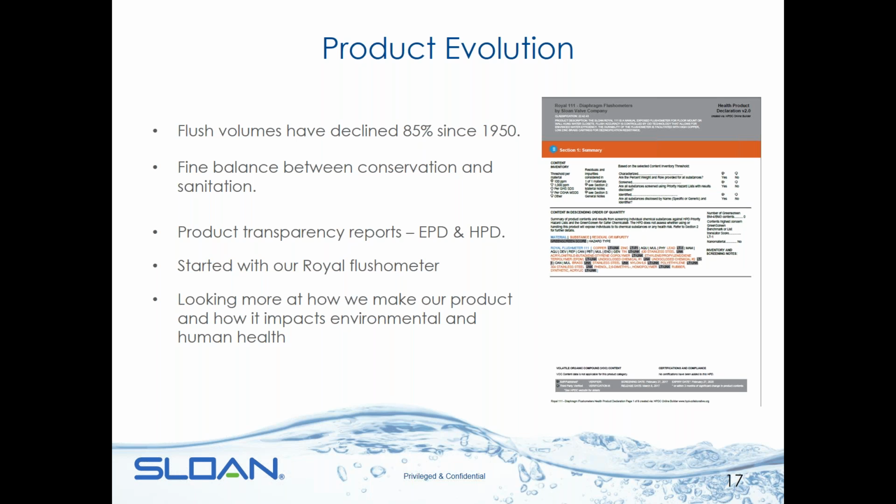So I'm beginning to have that conversation with our product research teams about chemical and various component alternatives. And those conversations so far have all been very positive, just trying to find alternatives to the chemicals and materials that we've identified in our HPDs.